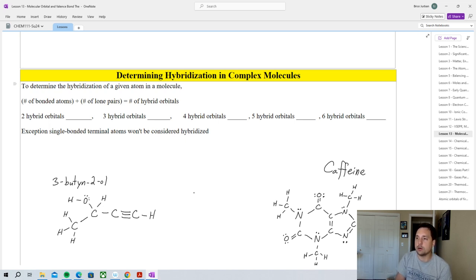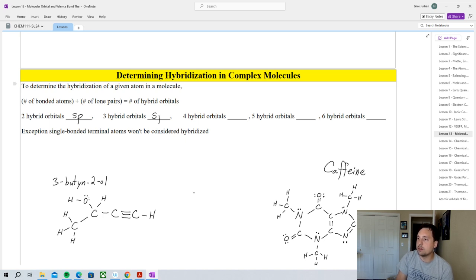If we need two hybrid orbitals, either two bonded atoms and 0 lone pairs, or one bonded atom and 1 lone pair, like carbon monoxide, for example, we would need sp hybridization. We need to have 180 degrees in our bond, and that would require sp hybridization.